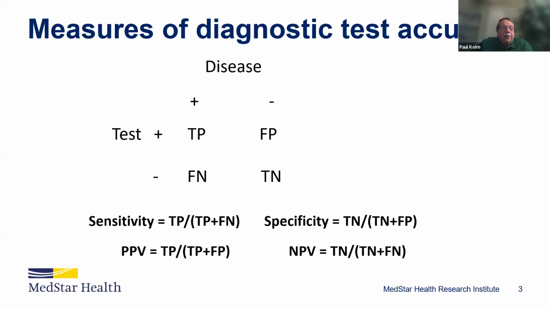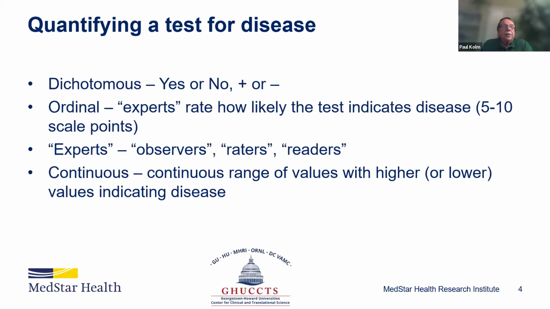And then our predictive values: for the positive predictive value, the denominator is the true positives plus the false positives, and for our negative predictive value, the denominator is the true negatives plus the false negatives.